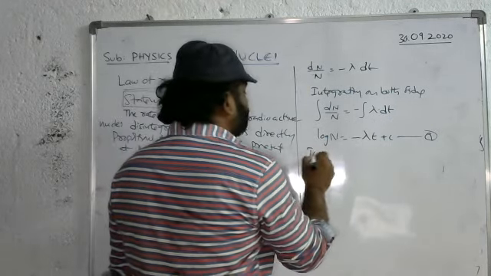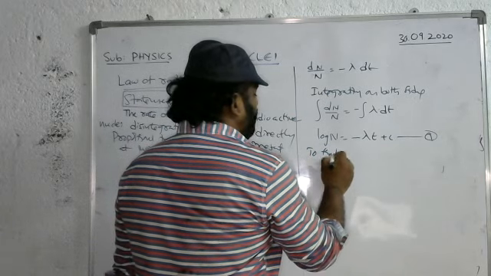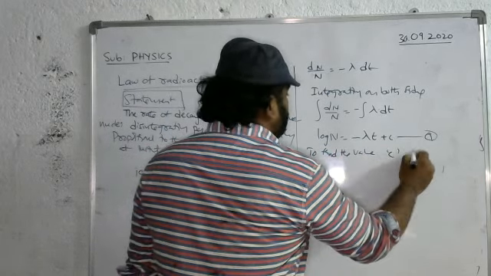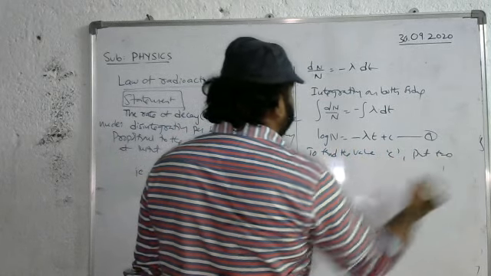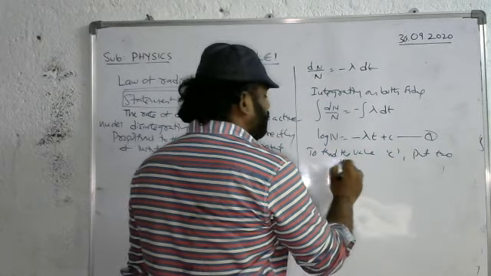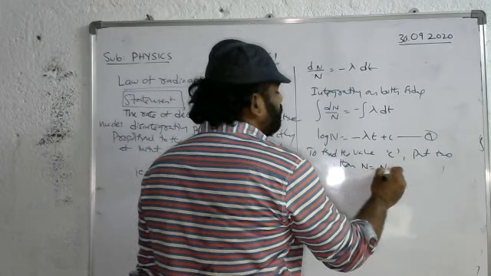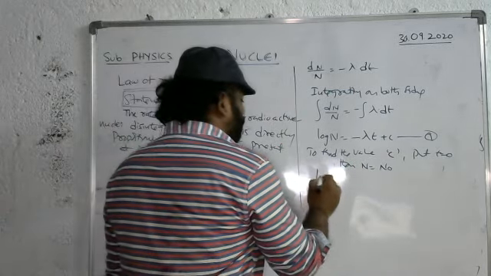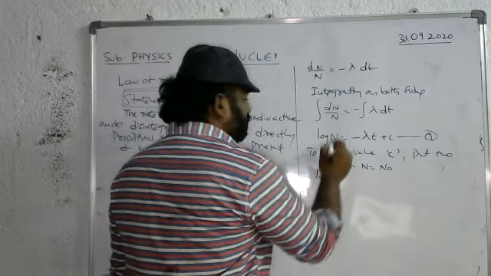To find the value of c, put t equal to 0. Then the number of nuclei N is equal to, let it be N naught, the initial number of nuclei. So log N naught is equal to minus lambda into 0 plus c.